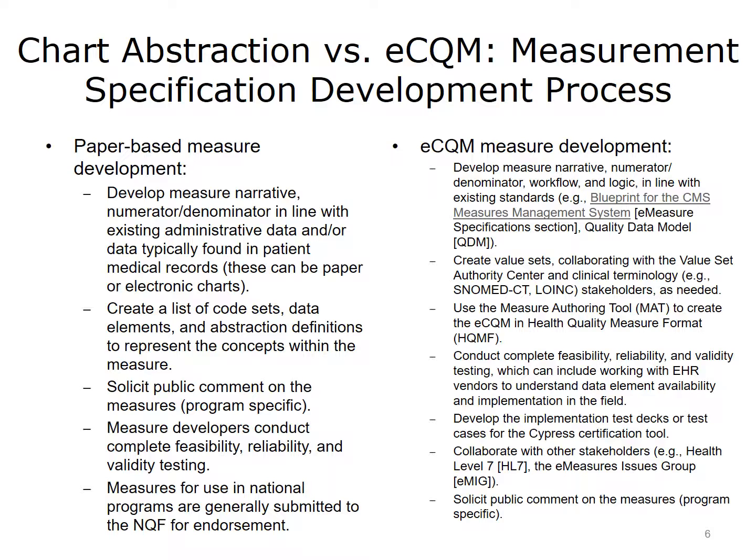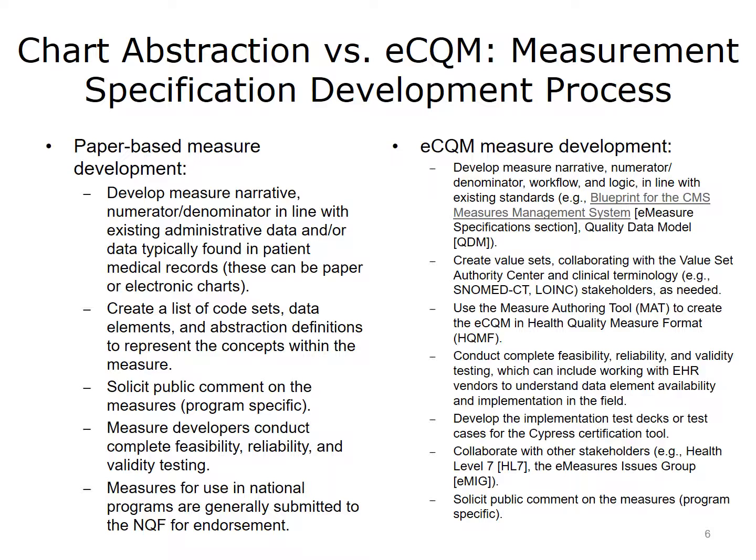Most quality measures developed for use in national programs have well-defined and often NQF, National Quality Forum, endorsed specifications created by measure development professionals. Since eCQMs are a completely electronic system, eCQM specifications also need to be developed in a standardized and computer-readable format.